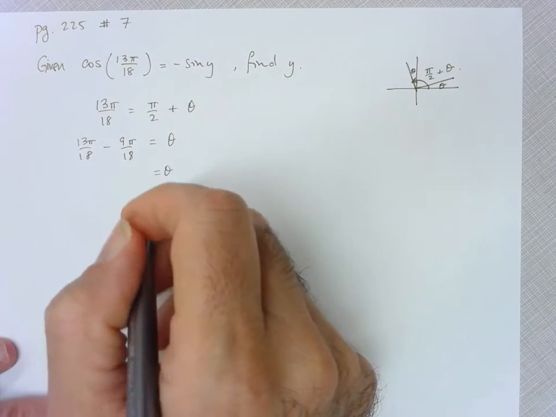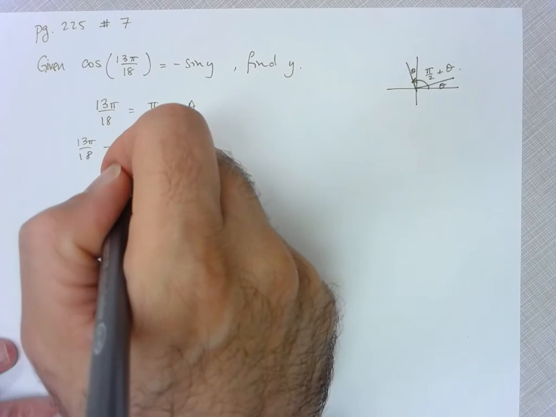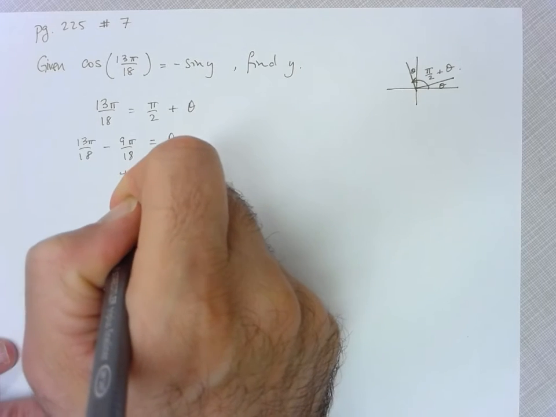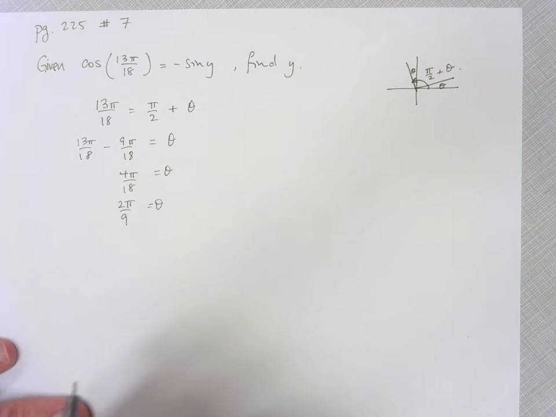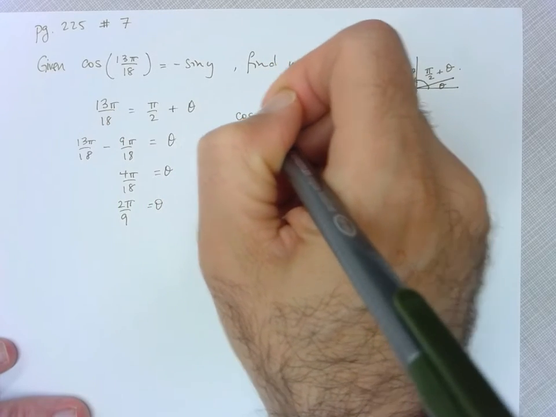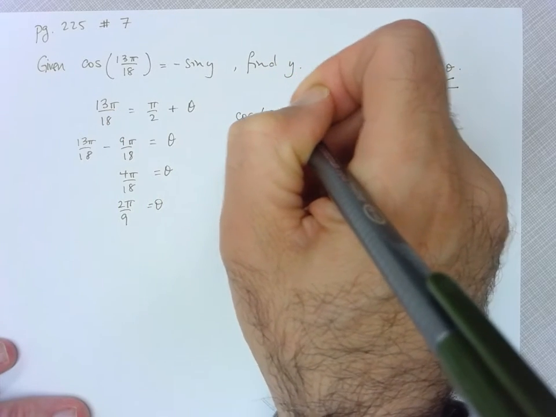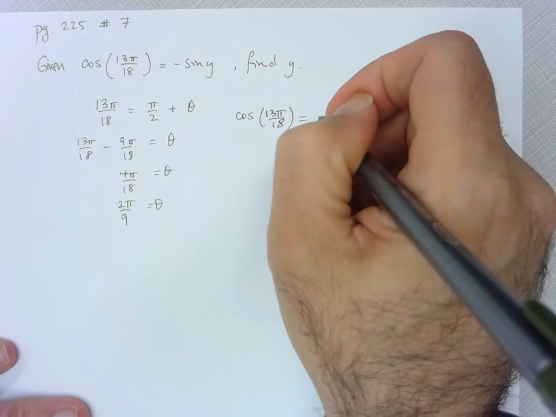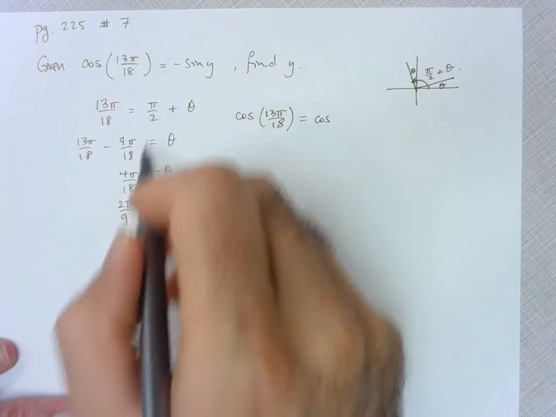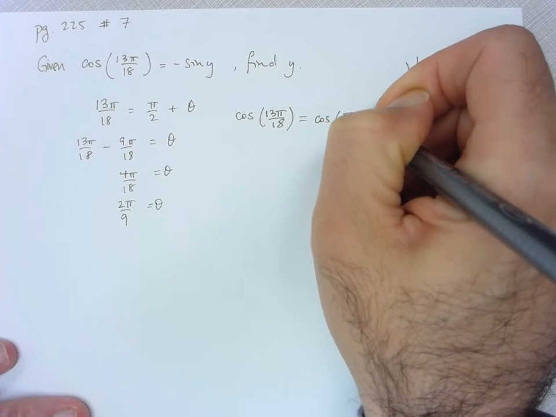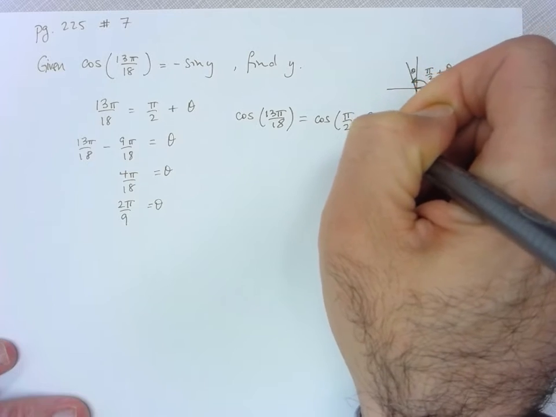And so theta is equal to 13 minus 9, 4 pi over 18, or more simply 2 pi over 9. Now I can go back to my equation. I've got my cosine of 13 pi over 18, which can now be rewritten as cos of pi over 2 plus the angle I just found, pi over 2 plus 2 pi over 9.